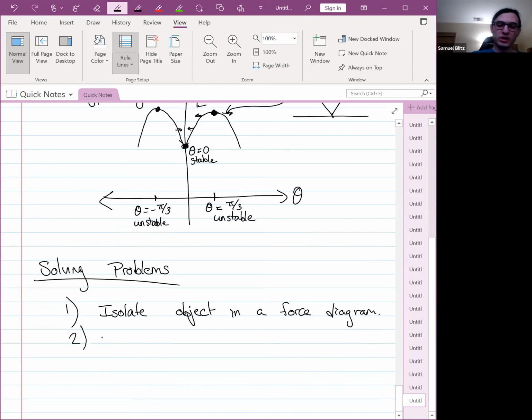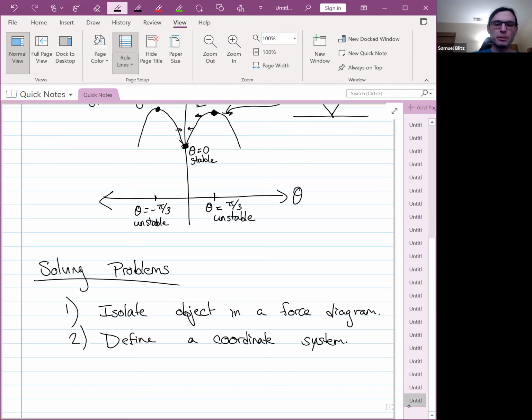Step 2, you have to define a coordinate system. So for your force diagram, just like we've done in the past, you need to choose what direction is plus y, what direction is plus x. And then also, because there's torque involved, you have to choose which direction is positive torque, which direction is negative torque. That amounts to clockwise or counterclockwise. And usually you'll see me doing this.